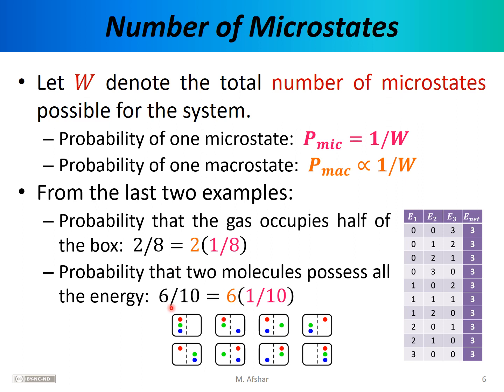We can express that probability as 6 times 1/10. The 10 is W, it's the number of possible microstates, and 6 is the number of microstates that have the property we're interested in. So you can see Pmac is proportional to 1/10, with the proportionality constant being 6 in this case.